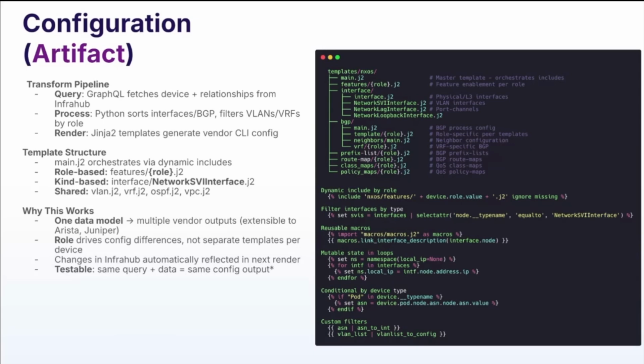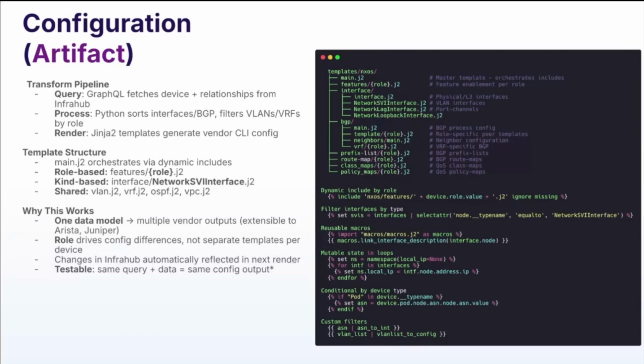You can see a structure of how we organized our Jinja templates. There's a master template, main.j2, you can see at the top there on the right hand side. It meant that in our templates we could pick a template based on the device vendor, essentially.